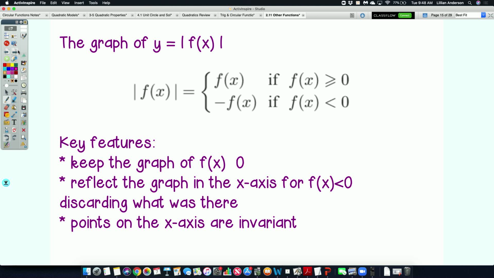You want to make sure that you keep the graph of f of x greater than or equal to 0. Reflect the graph over the x-axis for any f of x values that are less than 0 and discard what was there. And any points on your x-axis are invariant. In other words, they don't change. Okay?